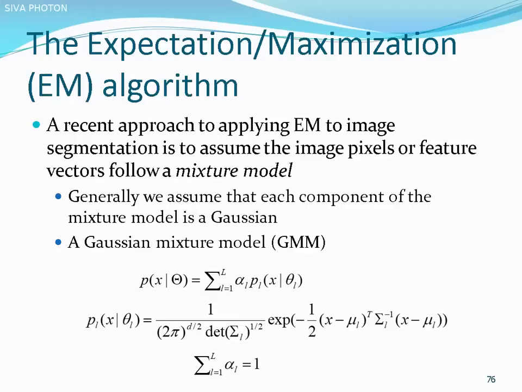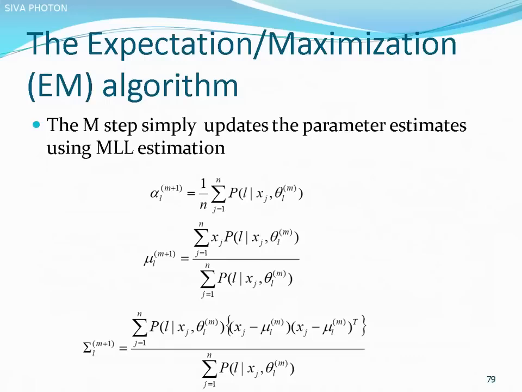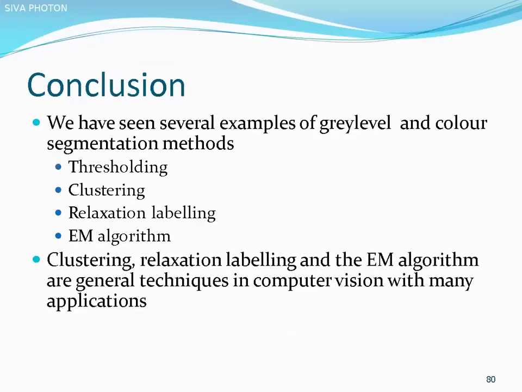So this expectation maximization algorithm is used to segment the image. In that, what they are doing is the extraction of the feature vectors following a mixture model. So when you apply that, you will be getting the segmented image. So these are some of the mathematical operations for the EM algorithm.